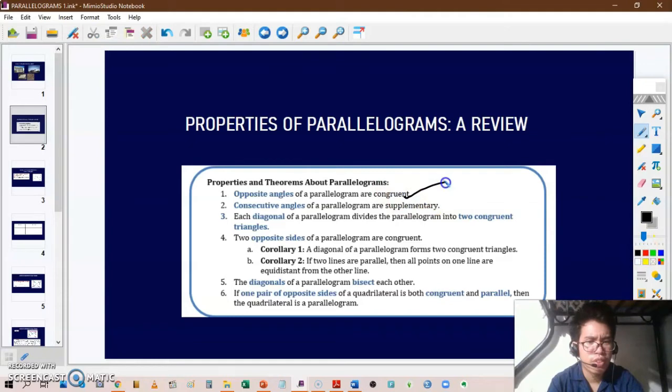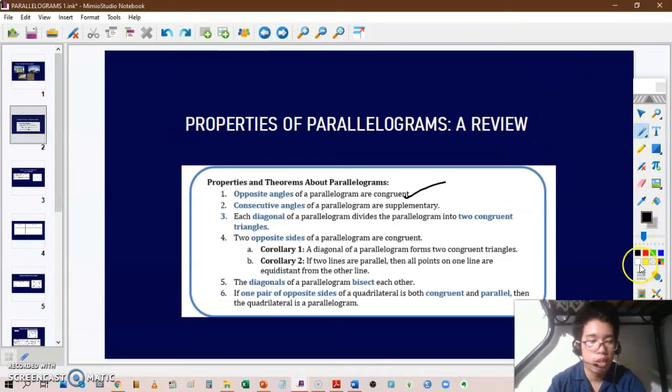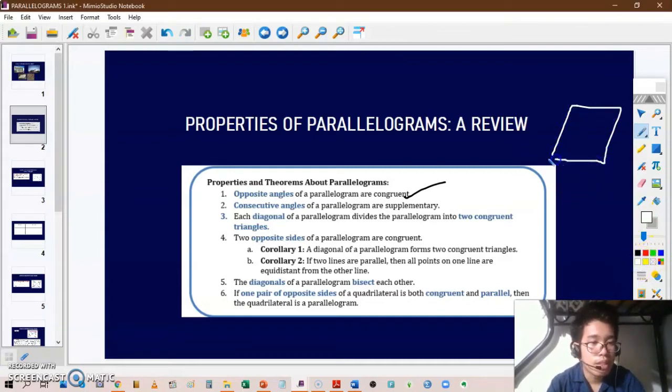That's a very well-known property of a parallelogram. For example, let's draw a parallelogram ABCD. That means opposite sides AB and CD, and BC and AD, are congruent.